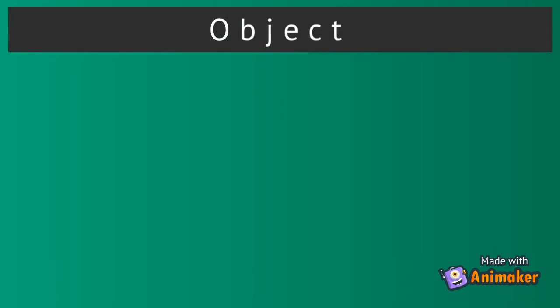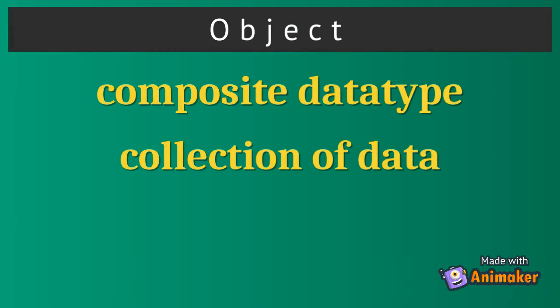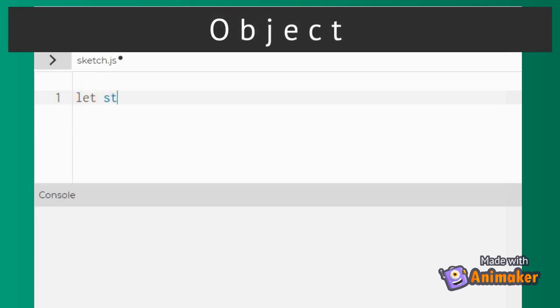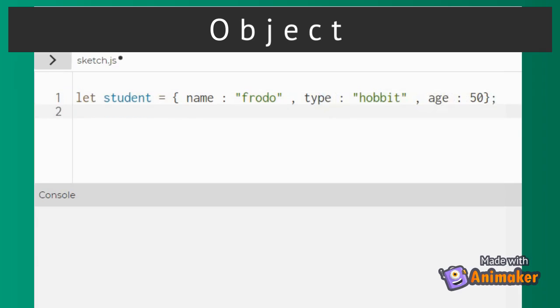Let's move on to the next data type, object. Object is a composite data type. It can contain a collection of data. Let me show you a very simple, very basic one. Let me create an object student and then within curly brackets, I can define its properties like name, colon, Frodo, comma, then type, colon, Hobbit, comma, age 50 and so on.